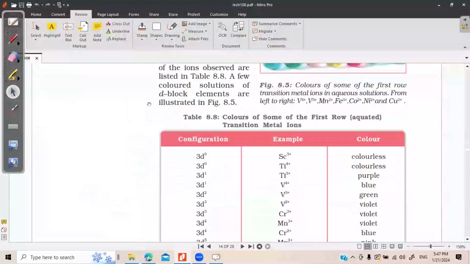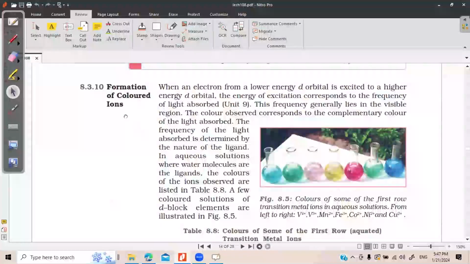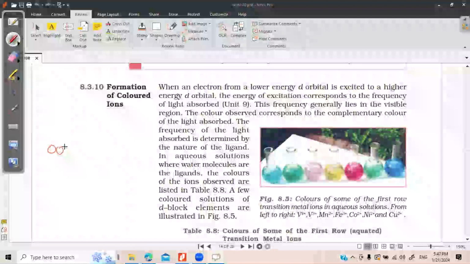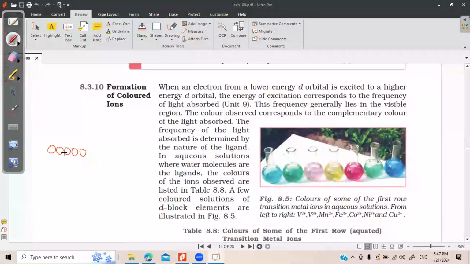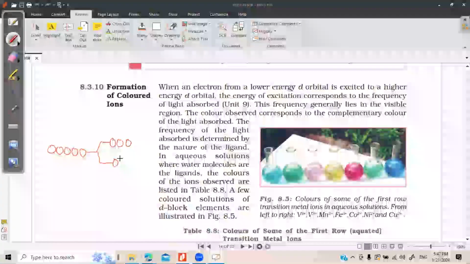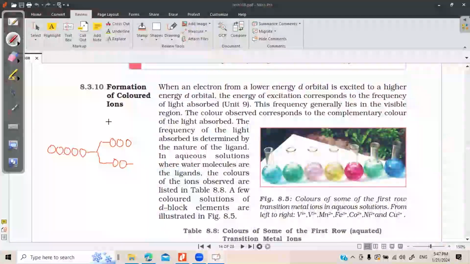Formation of colored compounds. Why is there a formation of colored compounds? Remember, the d orbital has 5 suborbitals, which form the t2g and eg sets of orbitals.